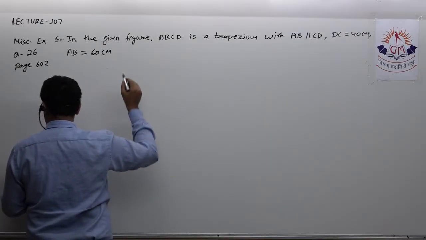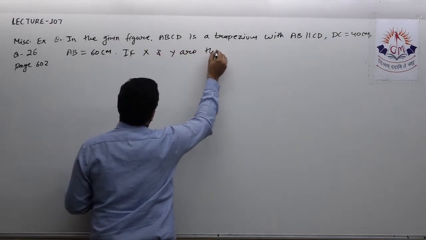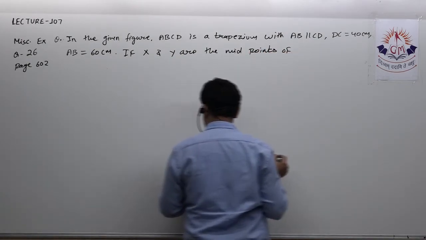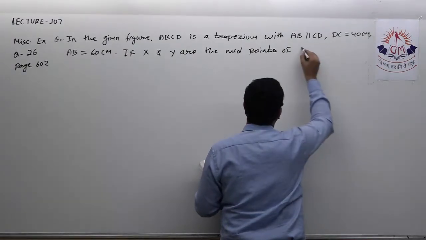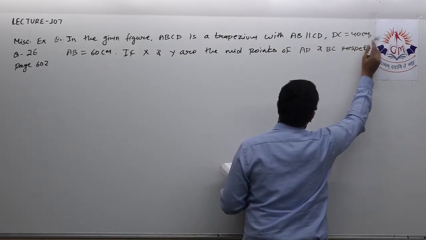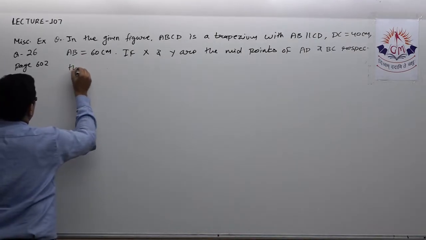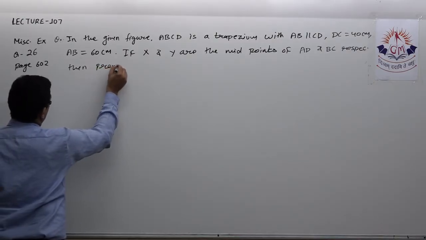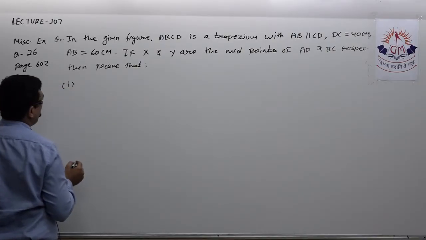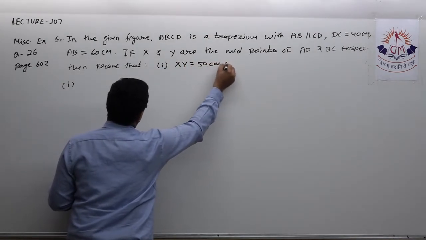If X and Y are the midpoints of AD and BC respectively, then prove that: first, XY is equal to 50 centimeter.